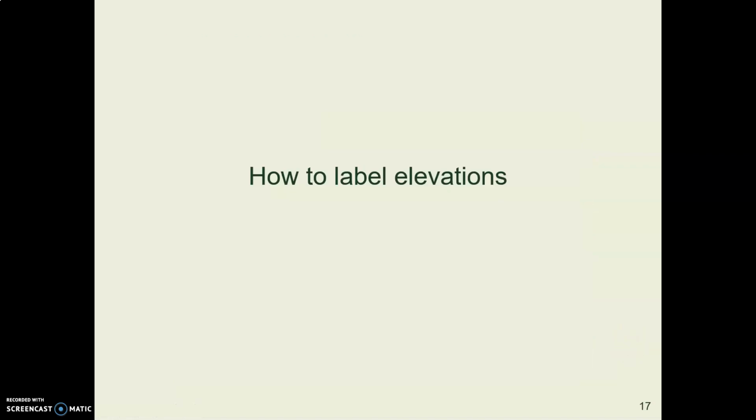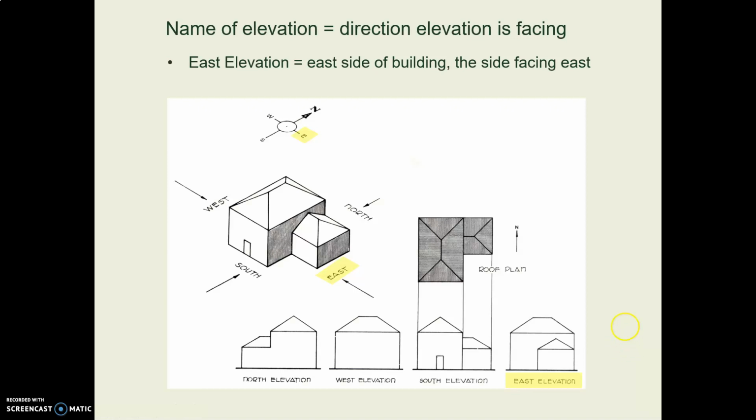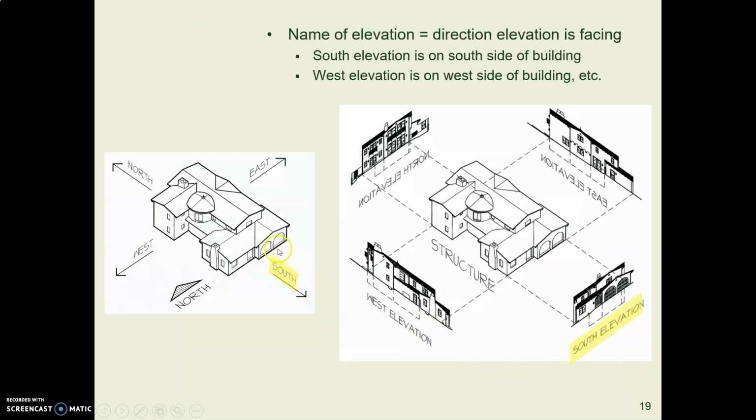Now, we always label our elevations, and we label them with the direction that that side is facing. So if you are drawing an elevation of the east side of the building, the side facing east, that is called the east elevation. If you are drawing the south side of the building, the side that's facing south, that's called the south elevation, and so forth.